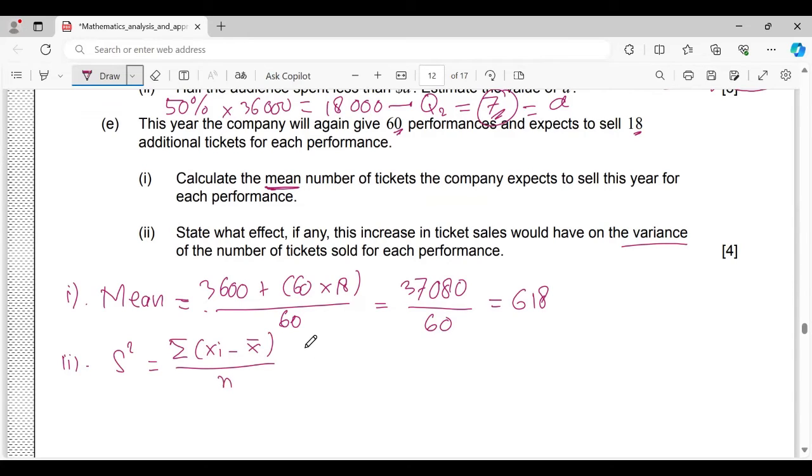If ticket sales increase, it will affect the mean, the sample average or sample mean, as well as the individual sample xi, and the number n. So if we calculate, the variance will not change. There is no effect on the variance.